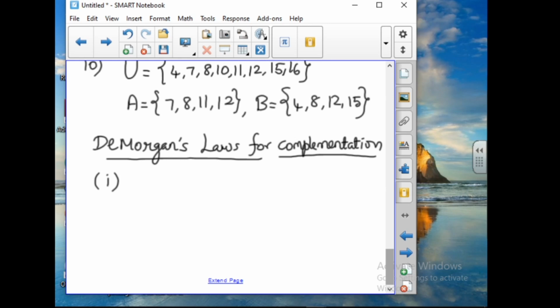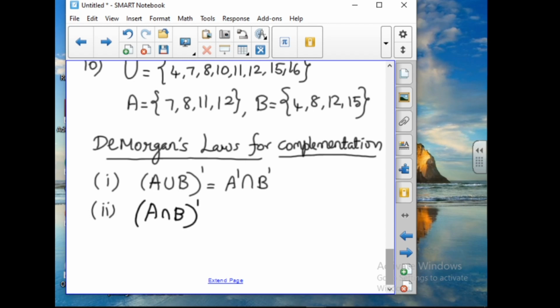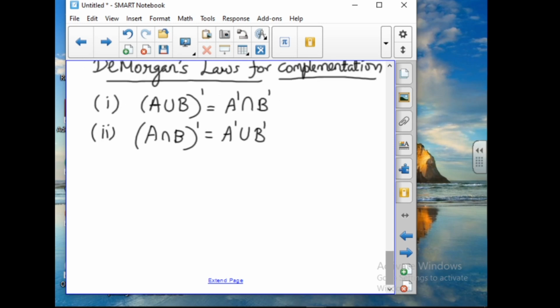First one is A union B whole dash is equal to A dash intersection B dash. Then the second one, A intersection B whole dash is equal to A dash union B dash. So these two conditions you have to check.